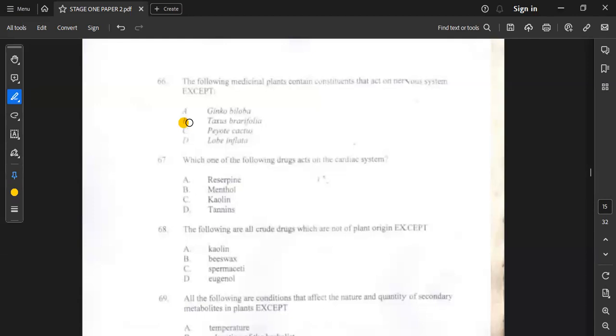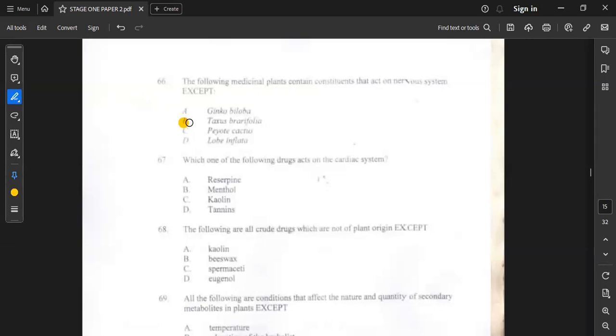What is the use of peyote cactus? It contains psychoactive alkaloids, so I believe it acts on the nervous system.